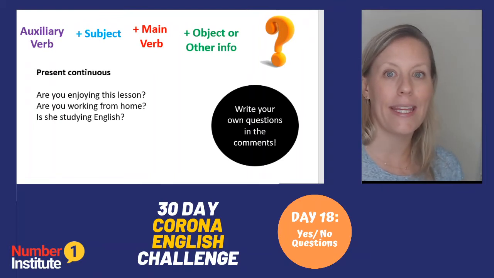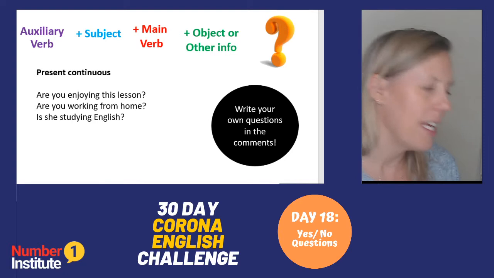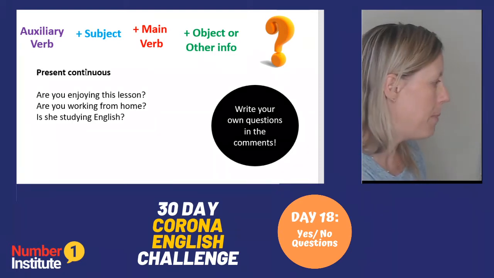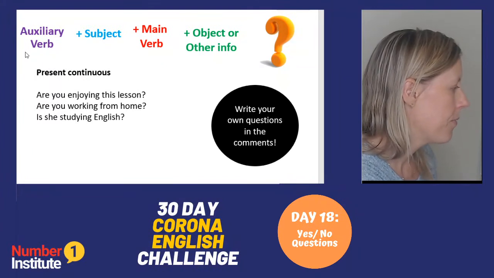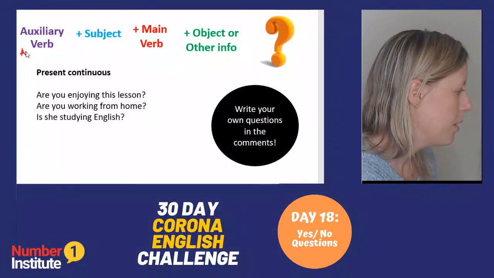Are you enjoying this lesson? Are you working from home? Is she studying English? So we have the verb to be as the auxiliary, and that's are, is, or am.